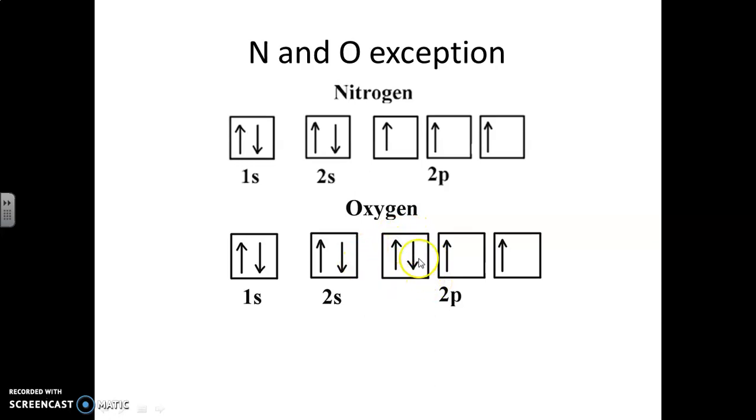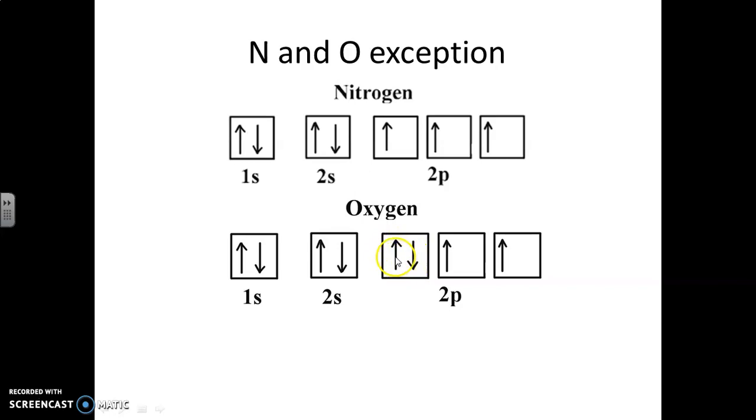And why it's easier to remove an electron from oxygen is that there's a repulsion force here. These two electrons are both negatively charged, and it wants to get rid of this electron.